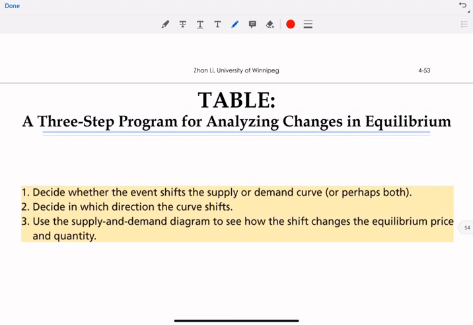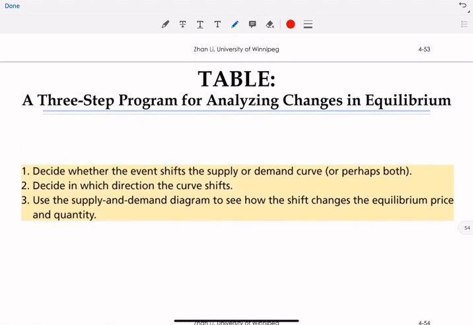The first step is you want to decide whether this event will affect supply or demand, or both. And then you will decide which direction the curve will shift. And third, you will use the supply and demand picture to see how the shift changes the equilibrium price and quantity.